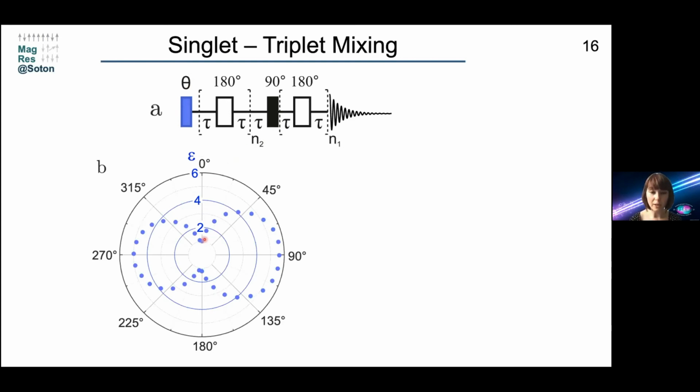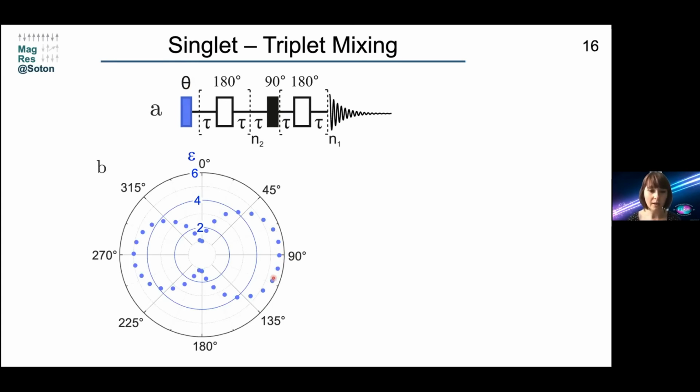As we increase the flip angle, we can see a steady increase of the signal enhancement. On this axis, we have signal enhancement, and we have a maximum at 90 degrees, which corresponds to 6-fold signal enhancement compared with the S2M pulse sequence.